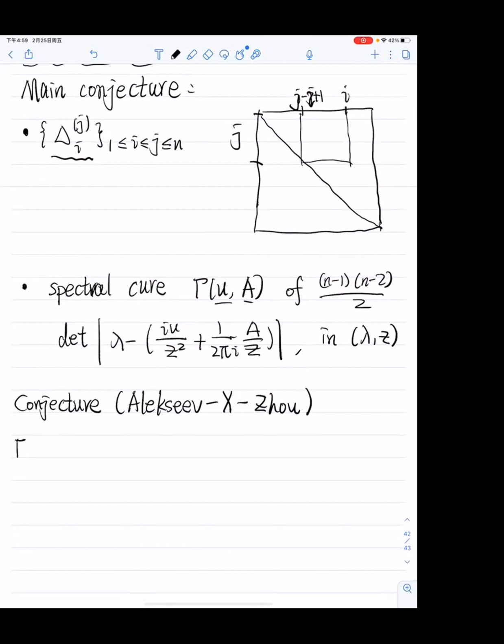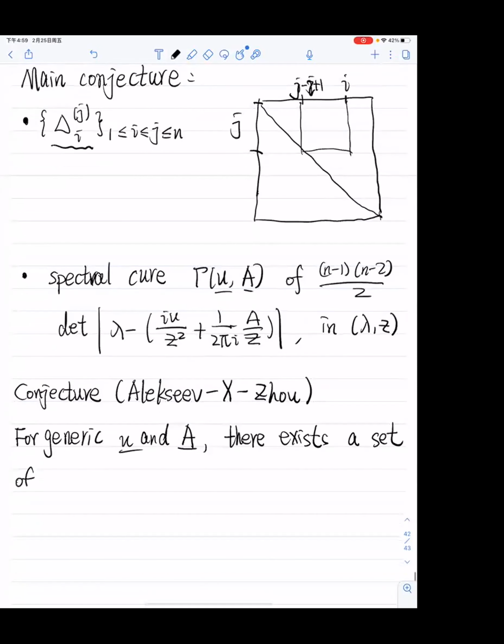So we conjecture that actually for generic U and A, if I have time, I'm gonna explain what generic means. So for example, you want your spectral curve to be smooth, right? So then there exists a canonical, or actually a set of cycles.